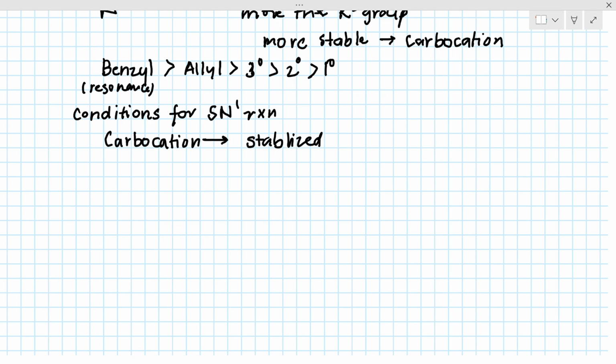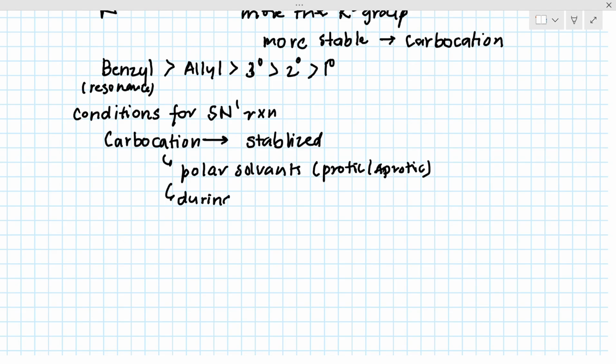So polar solvents, be it protic or aprotic, are required, because during solvation they add electron density.